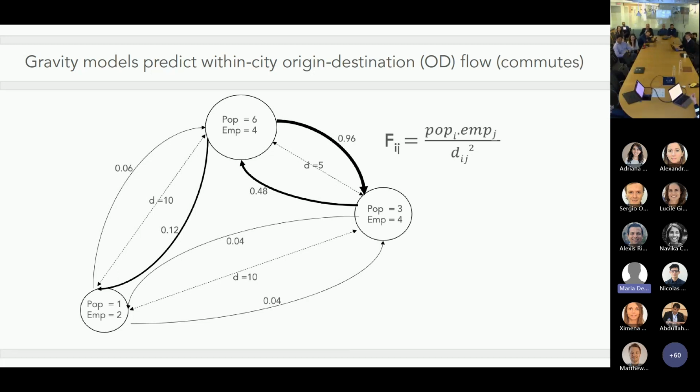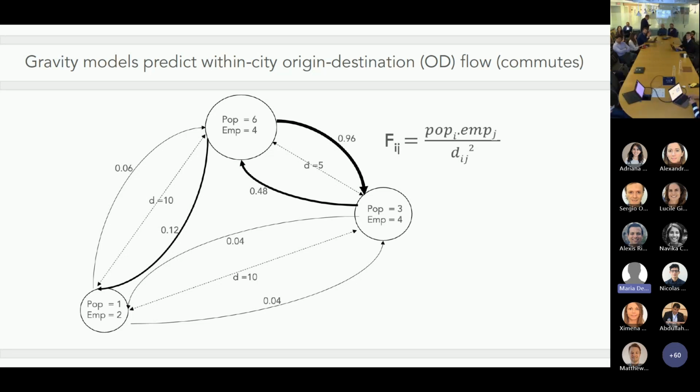So the flow between two densely populated areas with high employment would be higher than between more sparsely populated areas. And of course, this is weighted by a distance metric. People would travel less if the distance is longer between A and B.